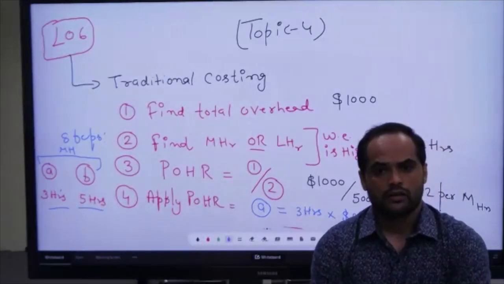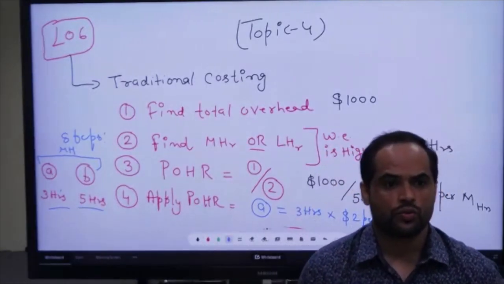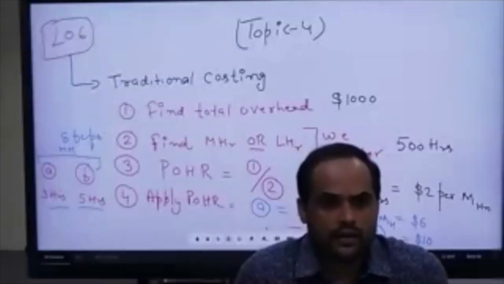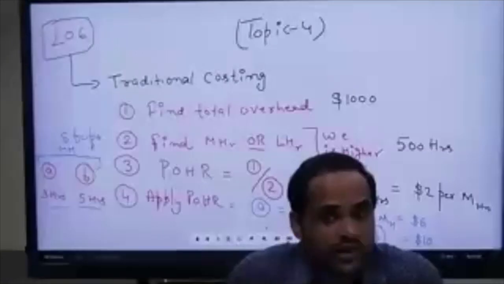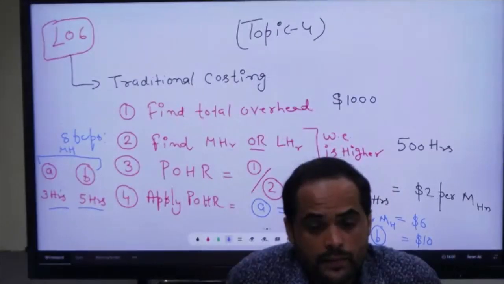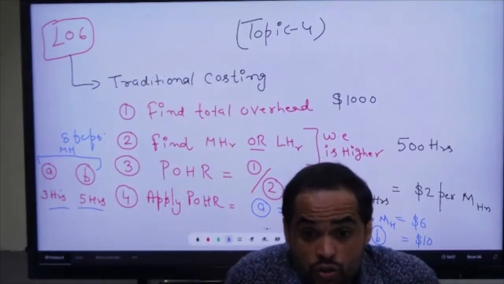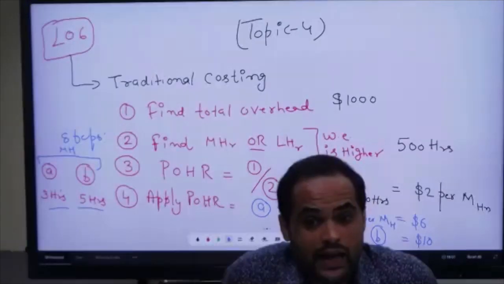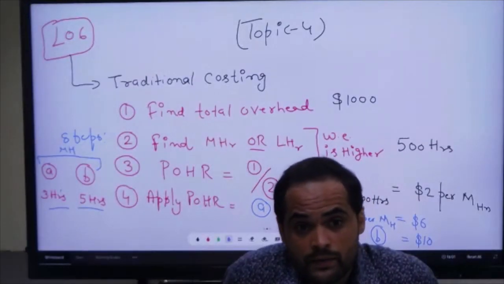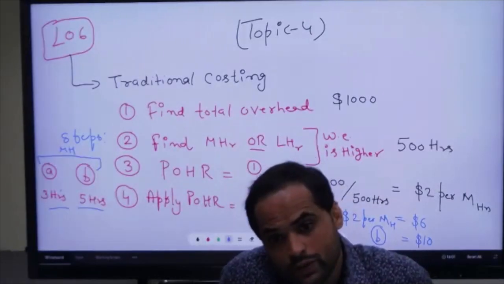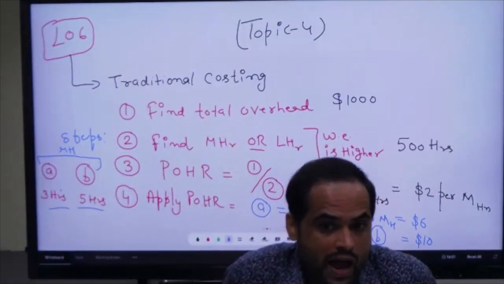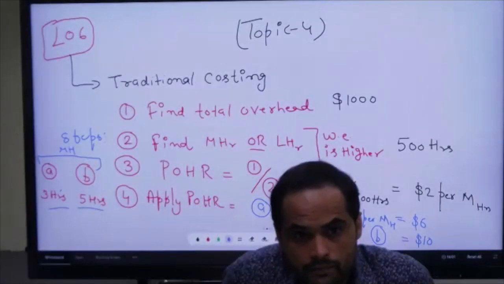So we move on to ABC, activity-based costing, or does anybody have any question regarding traditional costing? Make sure you understand traditional costing and activity-based costing because today I'm going to give you a homework, and next week I will see who has done this homework.